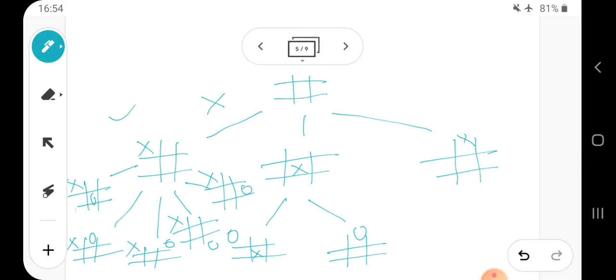So these are all the possible 5 different moves which can be expanded with respect to this level.